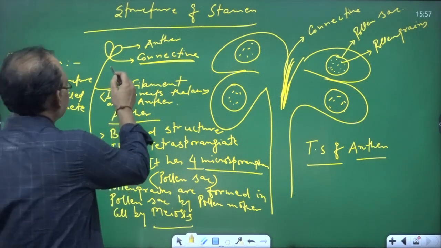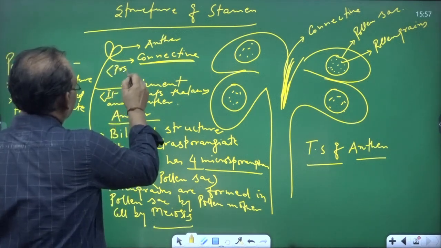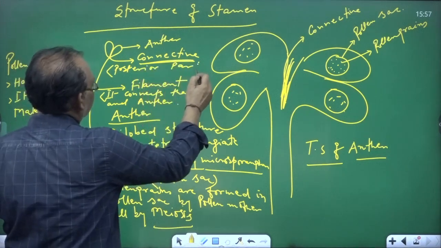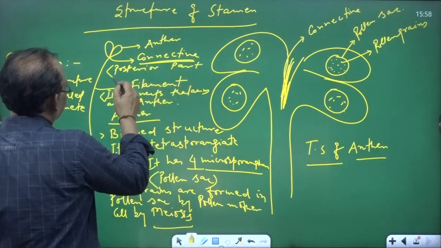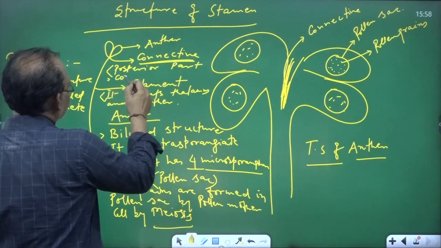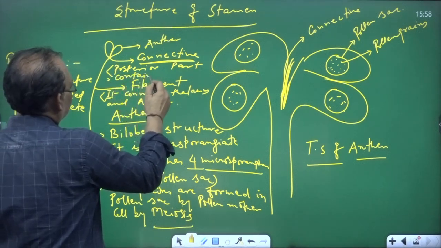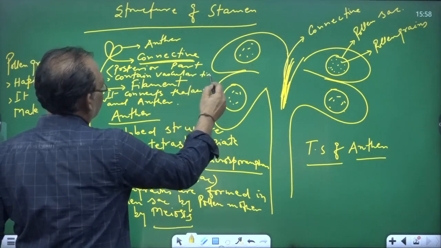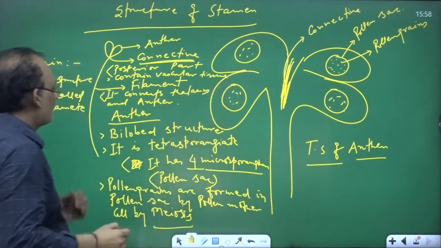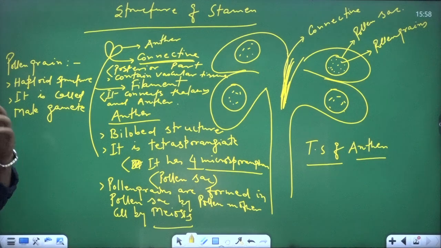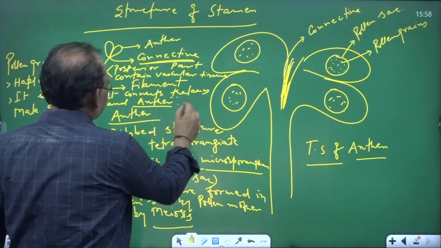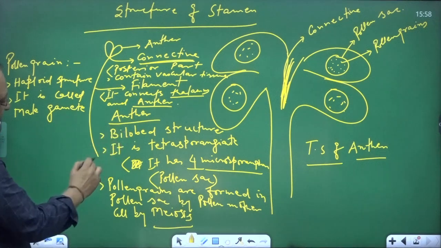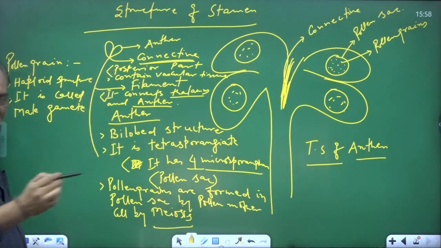Connective is present at the posterior part, and it contains vascular tissue. And filament connects thalamus with anther. So the origin of filament is thalamus and the terminal part is anther.